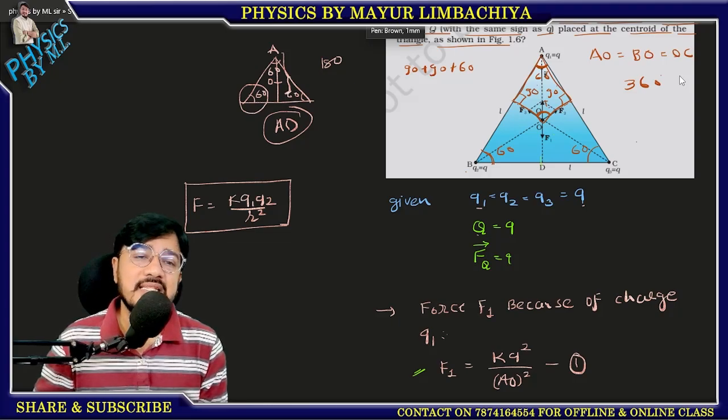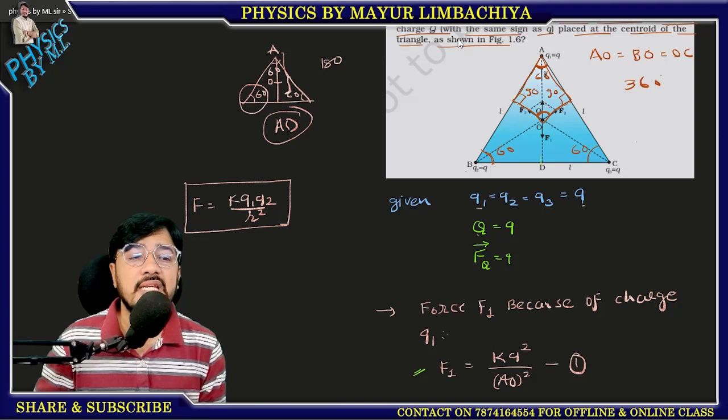Let me give this angle as x. 360 will be x plus 90 plus 90 plus 60, because the summation of all the angles will become 360.